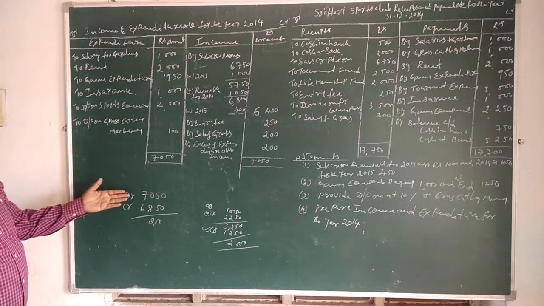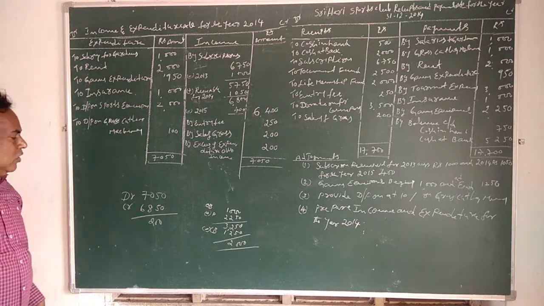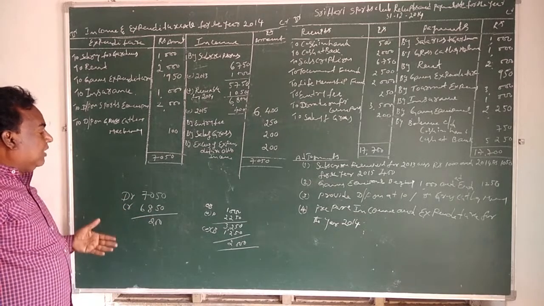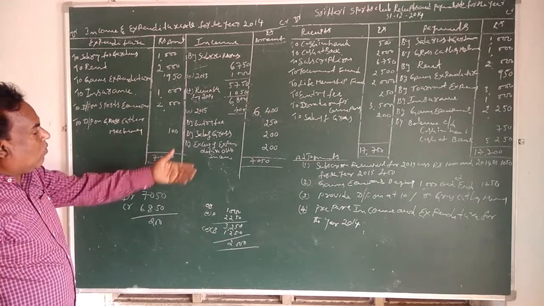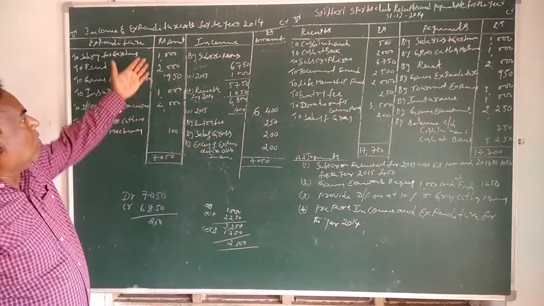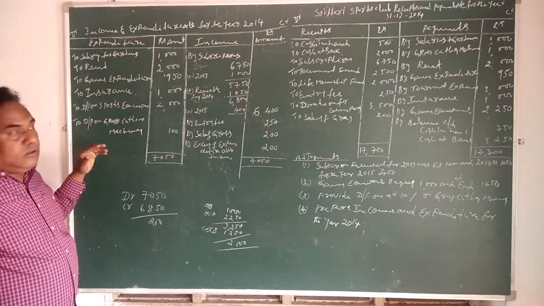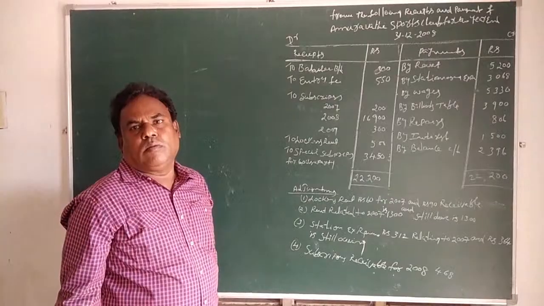So debit balance 7,050, credit balance 6,850. So net loss, net deficit or excess of expenditure over income rupees 200 only. This is the income and expenditure of Sri Hari Sports Club.